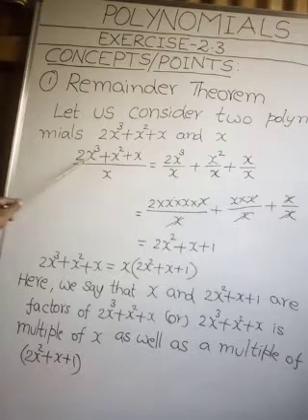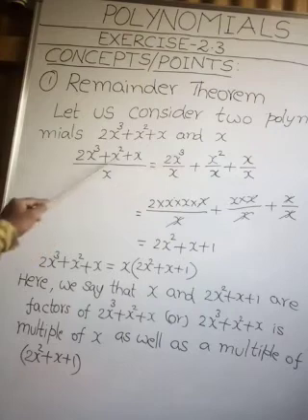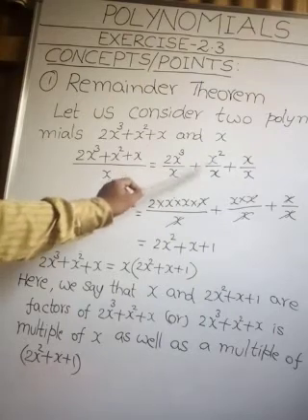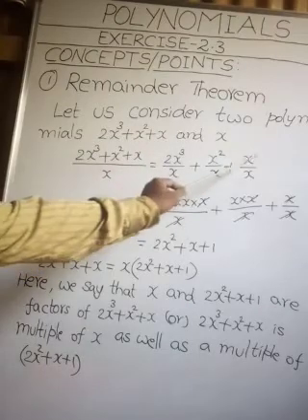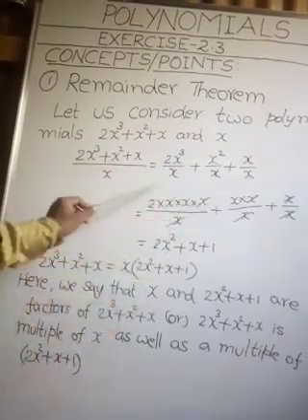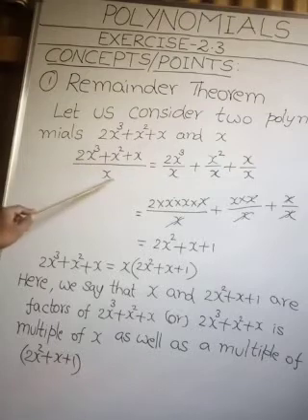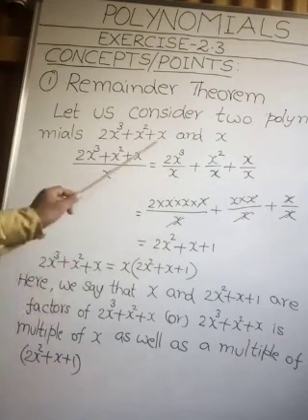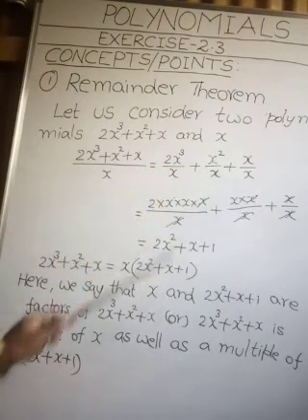So I wrote like this: the first term 2x cube by x, plus the second term x square by x, plus the third term x by x. Understood this step, my dear children? This is the dividend and this is the divisor. We are dividing each and every term of the polynomial by the monomial.